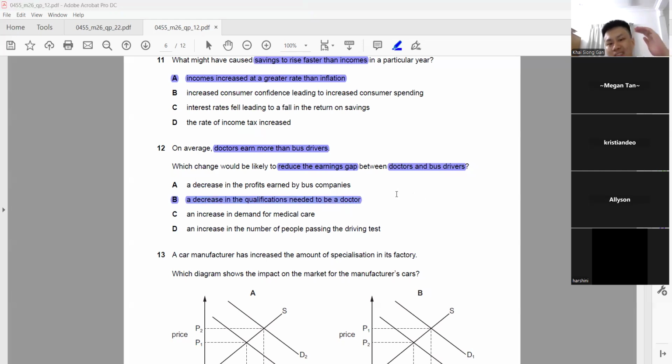So when there is a decrease in the qualification needed, there will be a higher supply of doctors, and that will result in lower wages. So doctors will earn less, so that reduces the earning gap. B is the answer. Yes, B. Very good.